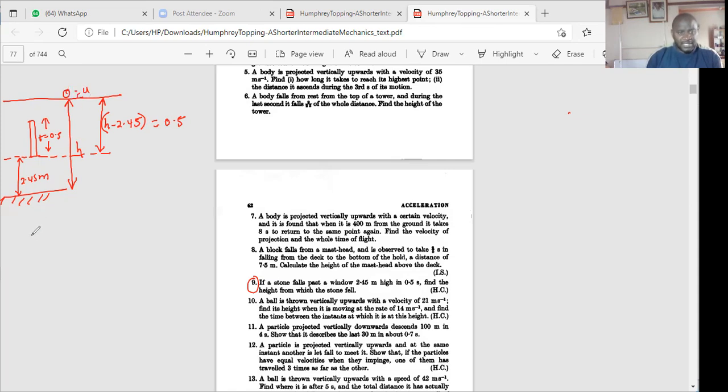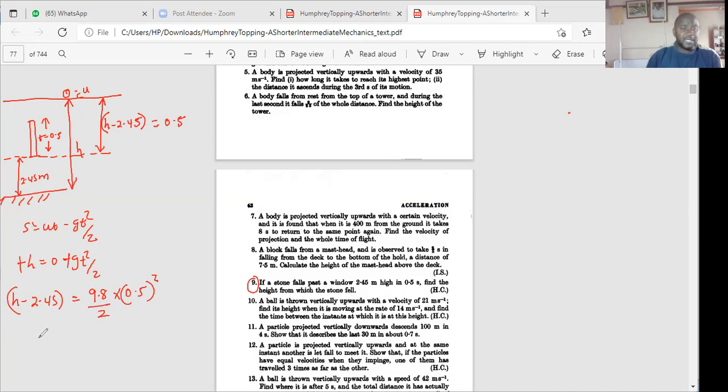So, as it came from rest, from s is equal to ut minus gt squared over 2, a negative of the height is equal to 0 minus gt squared over 2, which brings about a positivity. So with that, h minus 2.45, the height we have traveled, in what time? In 0.5 seconds, is equal to 9.8 times 0.5 squared divided by 2.